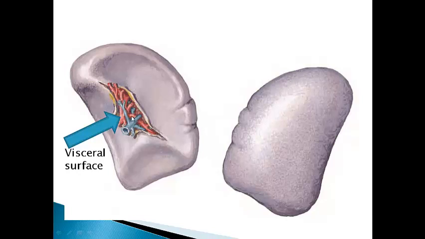The irregular part of the spleen is called the visceral surface because this is where it comes in contact with all the other organs. Then the other surface is called the diaphragmatic surface, and this is a smooth, regular surface. There are no depressions or bumps here. This is the surface of the spleen that's usually covered by the diaphragm.